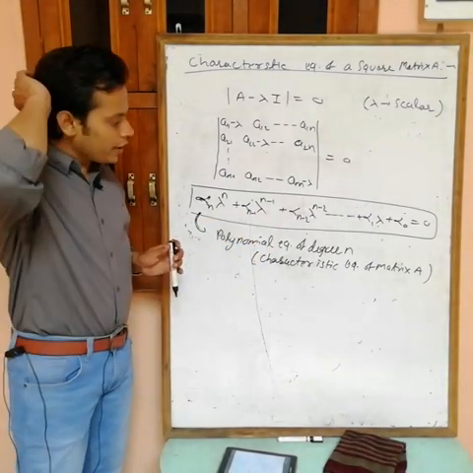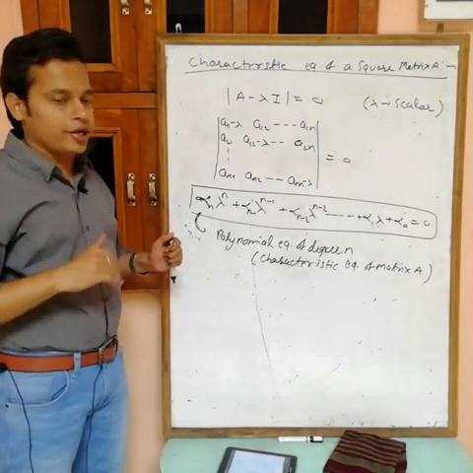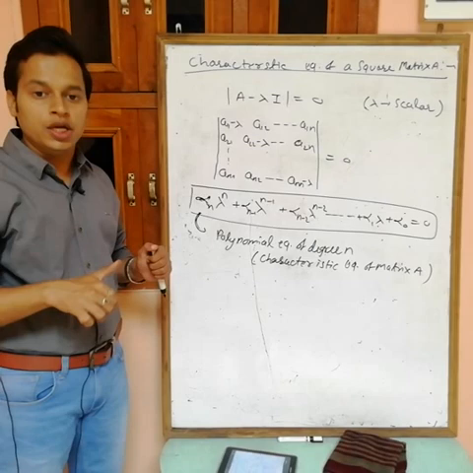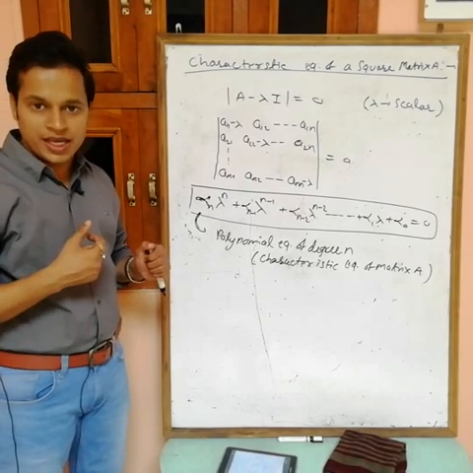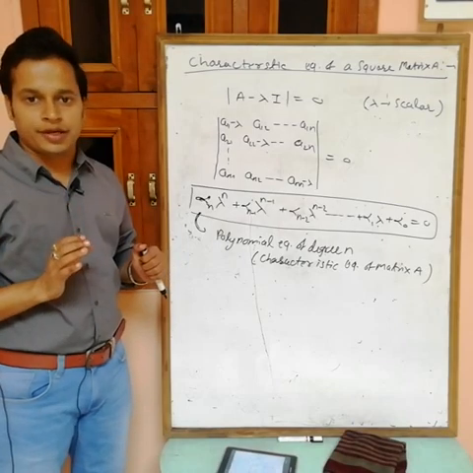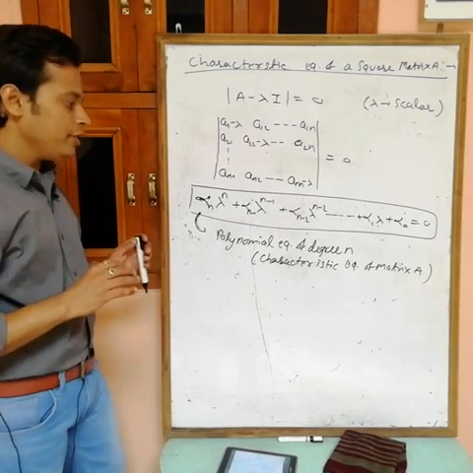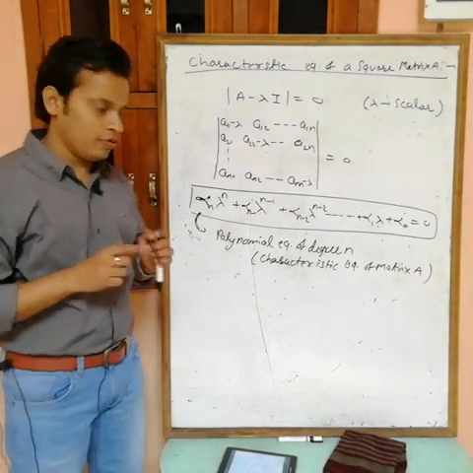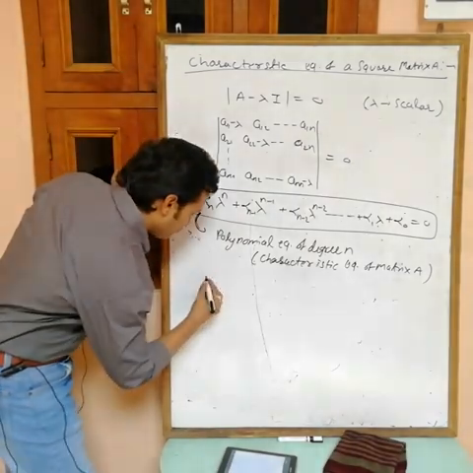Now, by using the characteristic equation of any matrix, you can find two values. First one is the trace of that matrix A, and second one is the determinant of that matrix A. You can find two values, trace and determinant.